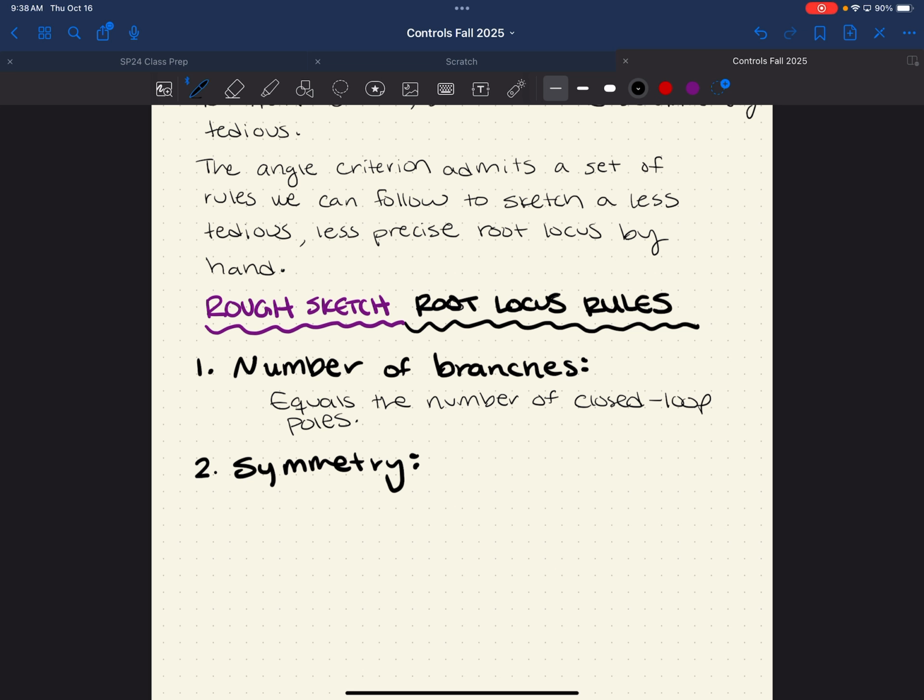So we get one up and one down. So there's this symmetry, okay? The root locus is symmetrical about the real axis.